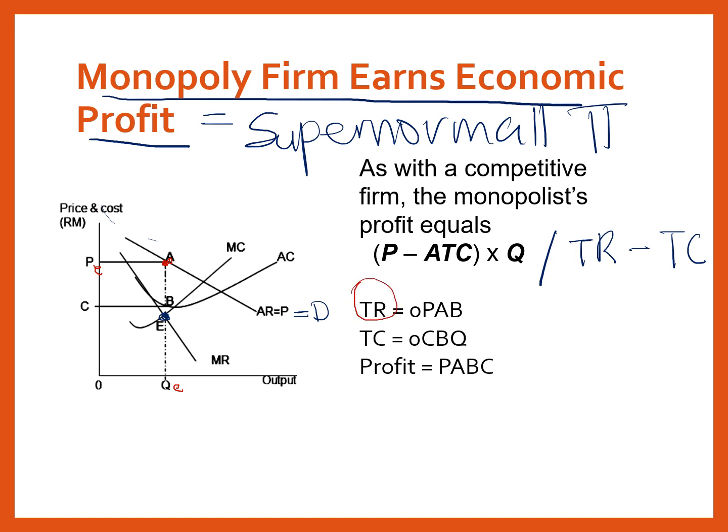Okay, point untuk total revenue awak adalah PAB. So kenapa dikatakan sebagai PAB adalah contohnya di P sini saya letak nilai dia 5. Okay, so kuantiti di sini saya letak nilai 10. So you akan dapat nilai untuk TR awak adalah 5 darab dengan 10 equals to 50.